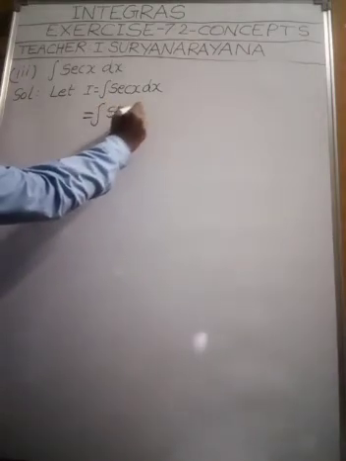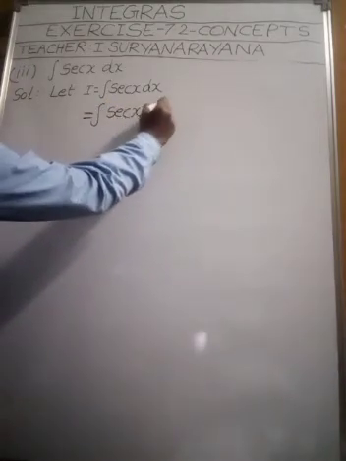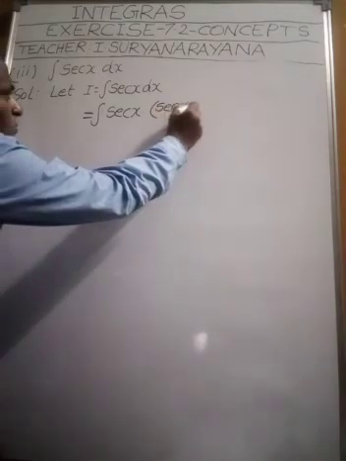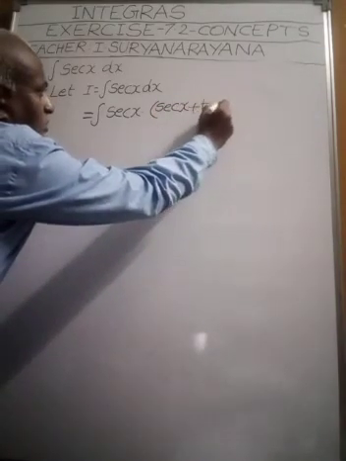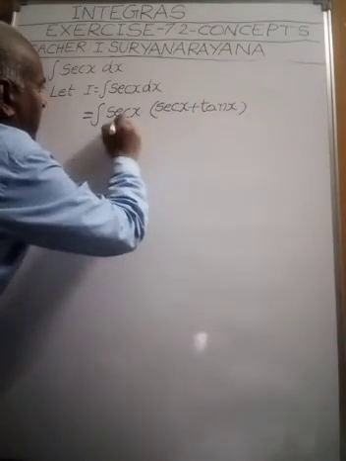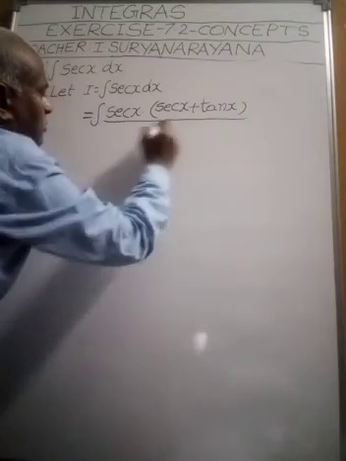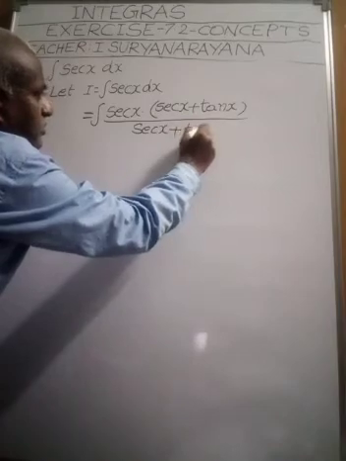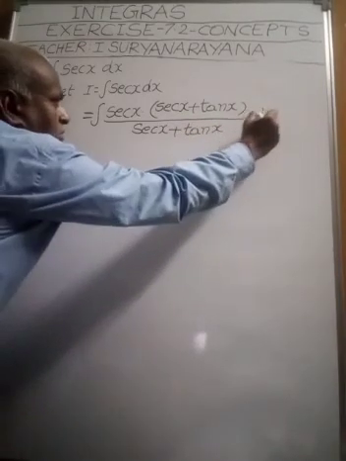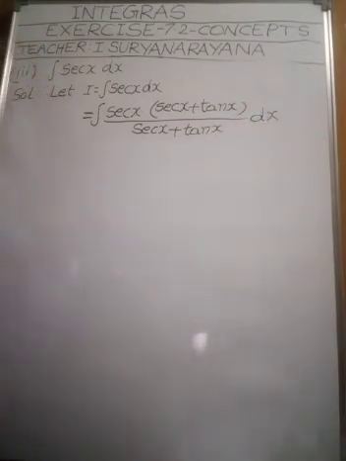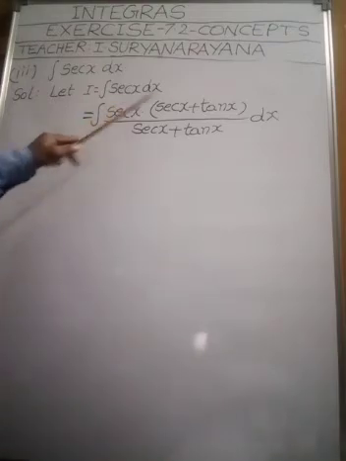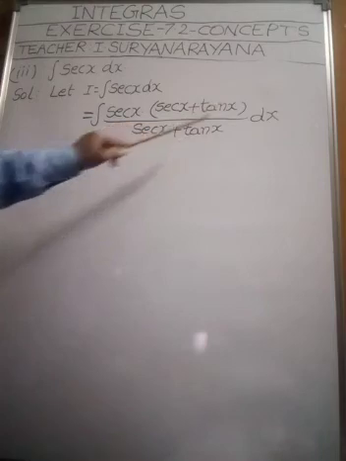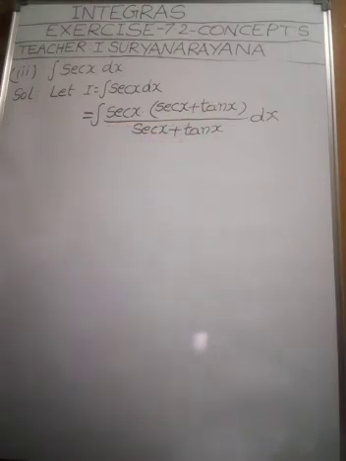So, integral secant x into secant x plus tan x by secant x plus tan x dx. Here, for our convenience, I multiplied this secant x by secant x plus tan x by secant x plus tan x. Understood this step, my children?